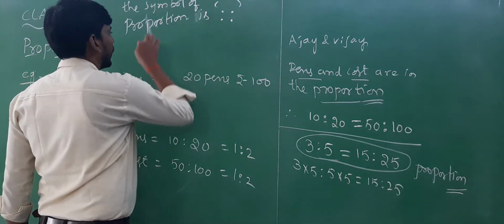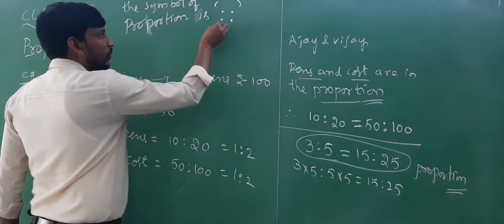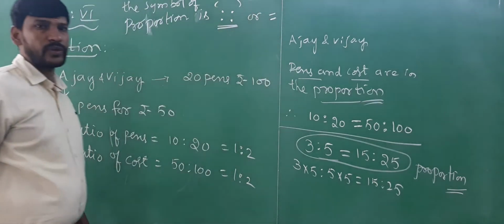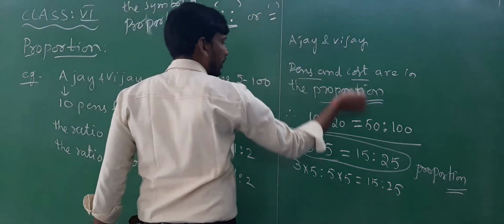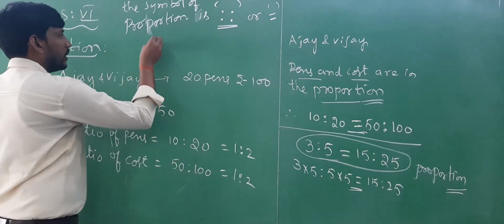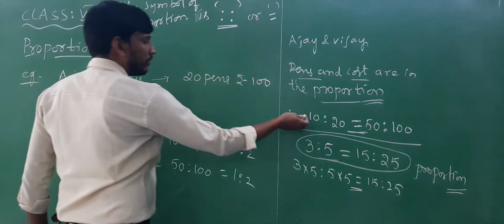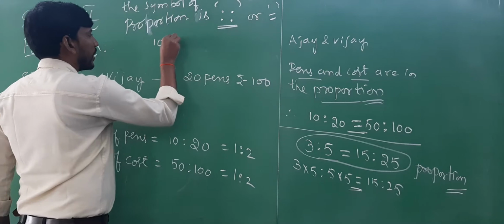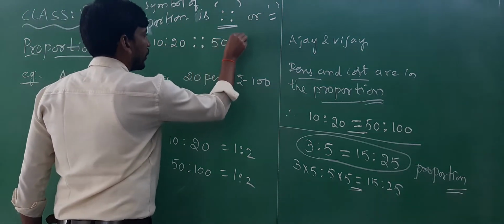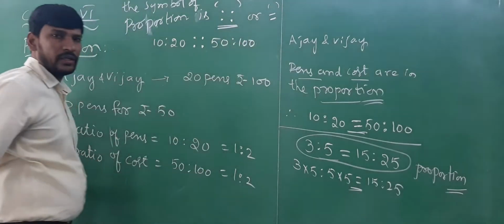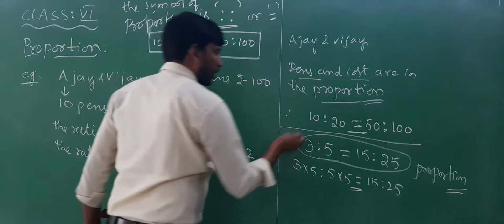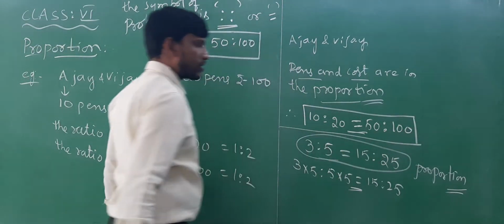If the given two ratios are in proportion, we can use this symbol, or we can use the equal symbol also. Just now we used the equal symbol here. In the same way, 10 is to 20 as 50 is to 100. This is nothing but proportion. You can write it like this, or you can use the equal to symbol also.